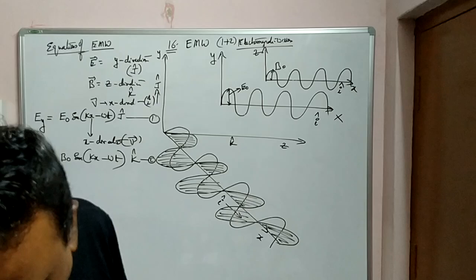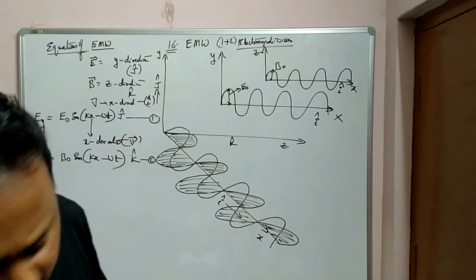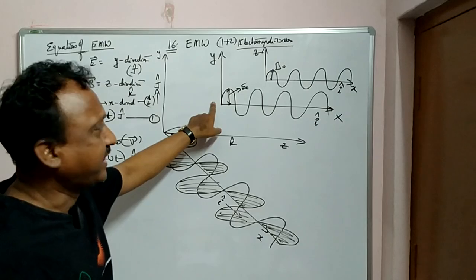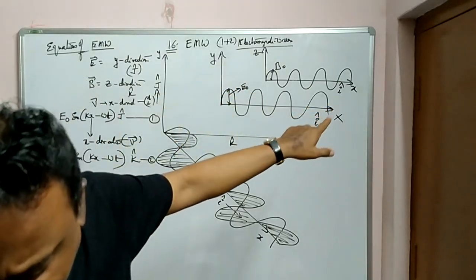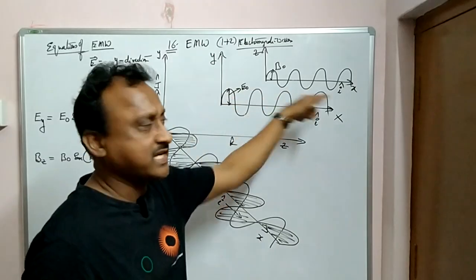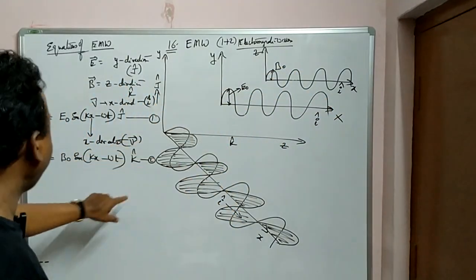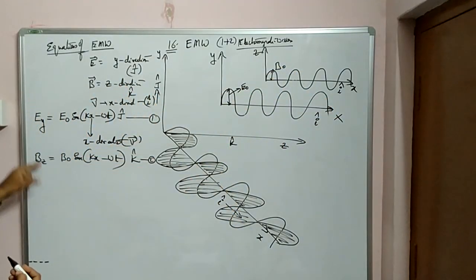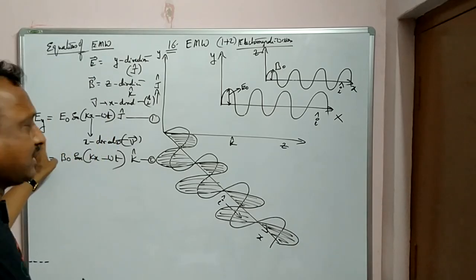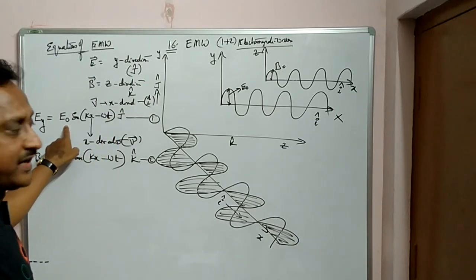Clear? Okay. So here the electric field vector is going in y direction, the magnetic field vector is going in z direction, and the displacement, the movement, the velocity is in x direction. These are the diagrams and these are the equations. This is the displacement of the electric vector, and this is the peak value, the amplitude of the electric vector.